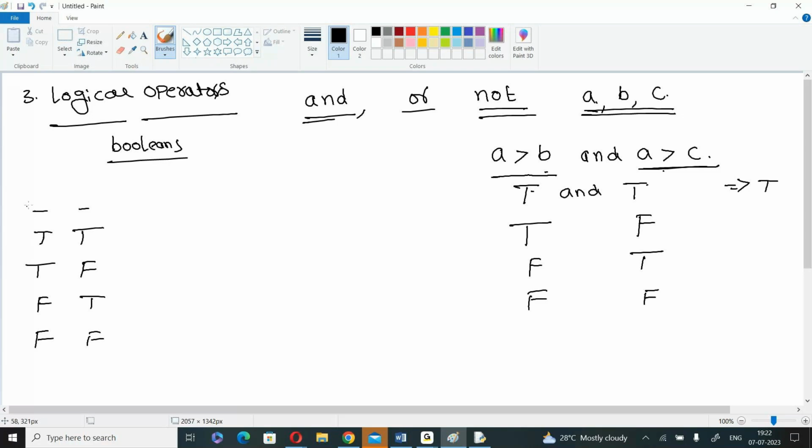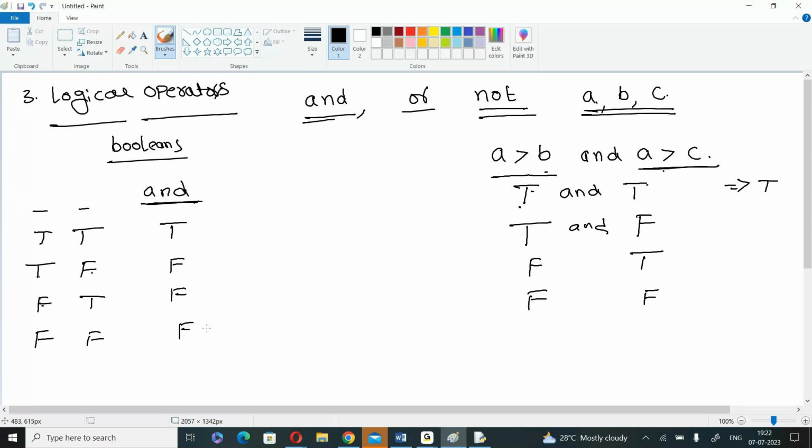Now, if these are the four values and you apply AND like this, if both are true, the result is true. T and T is true. T and F, the answer is false. F and T, the answer is false. F and F, the answer is false.